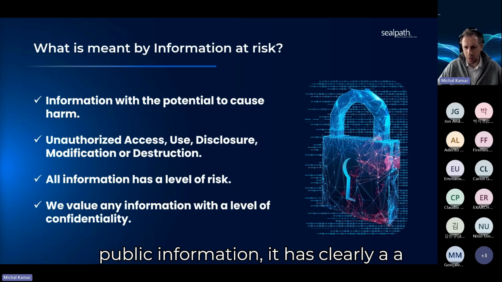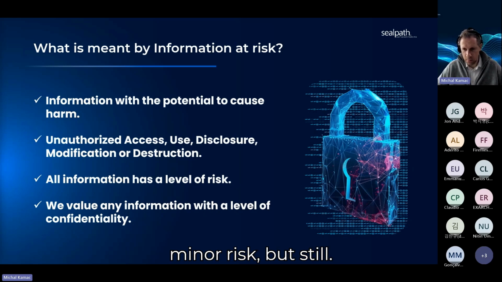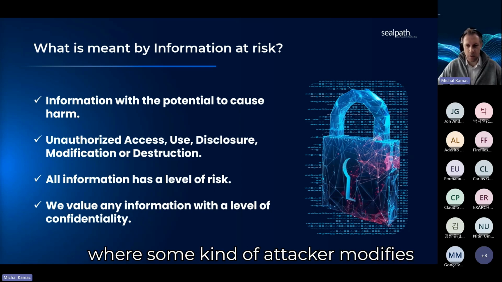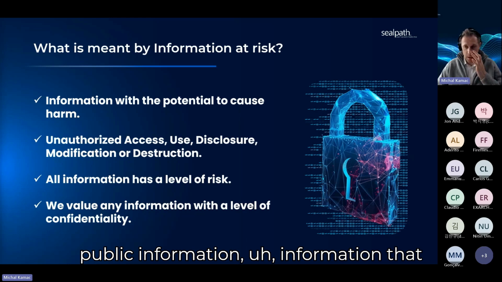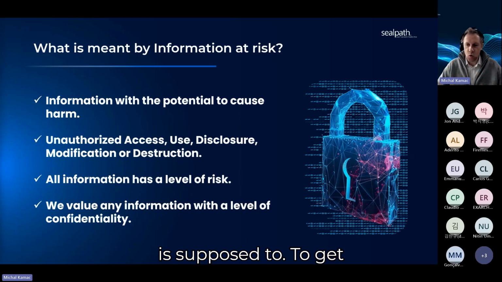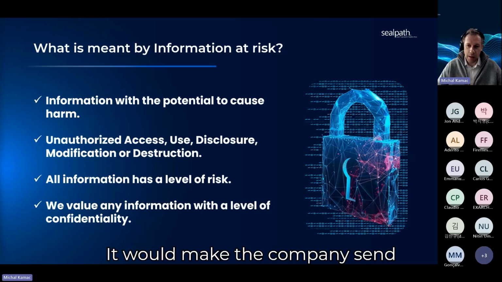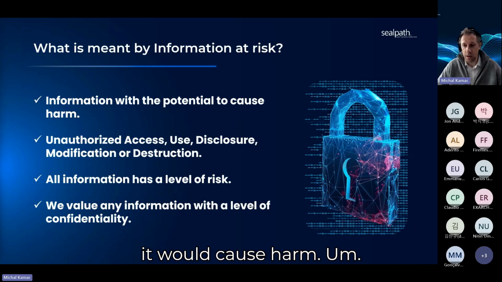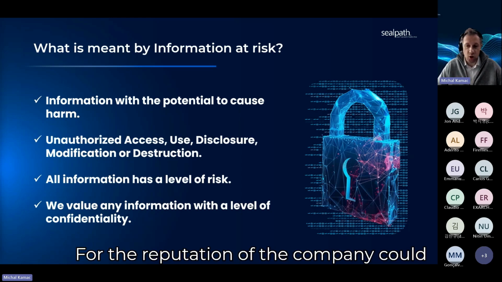In the case of public information, it clearly has a minor risk, but still, think of the case where some kind of attacker modifies public information that is supposed to get to a certain audience. It would make the company send wrong or misleading information, and it would cause harm to the reputation of the company.